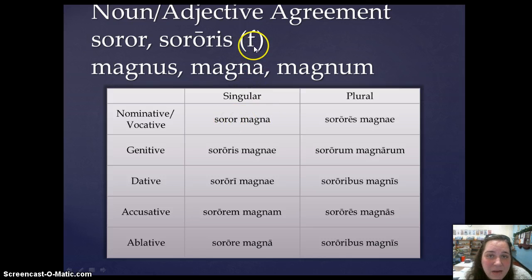Because this is a feminine noun, we're going to use the feminine form of this first, second declension adjective. This is the feminine. It follows the first declension. And these endings may not match, but soror magna. Soror is nominative singular feminine, so is magna. Sororis is genitive singular feminine, and so is magni. So make sure you copy this down into your notes and the previous chart as well.